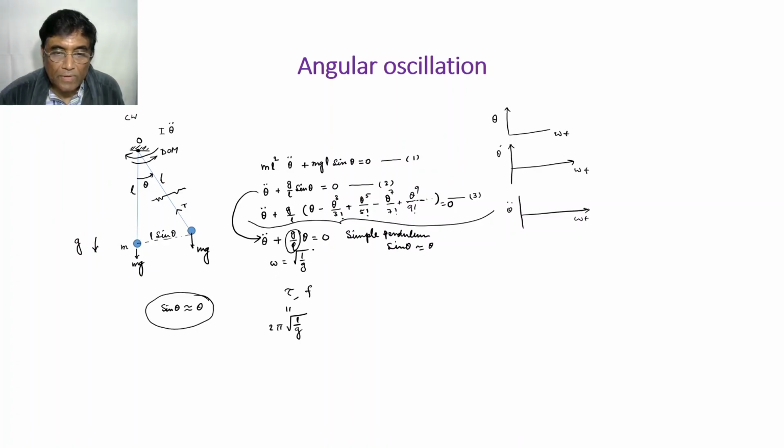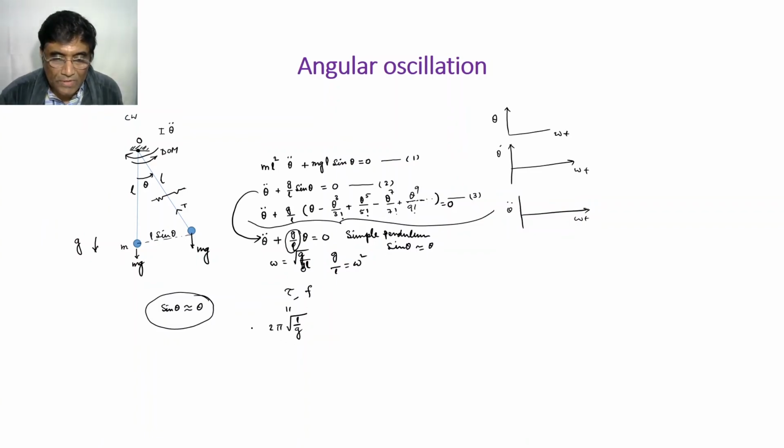Sorry, so omega equal to root over of g by L, that is, g by L equals omega square. Sorry about that. Okay, so T equal to 2 pi by omega, so 2 pi root over L by g is what you get from this. So this corresponds to the simple pendulum.